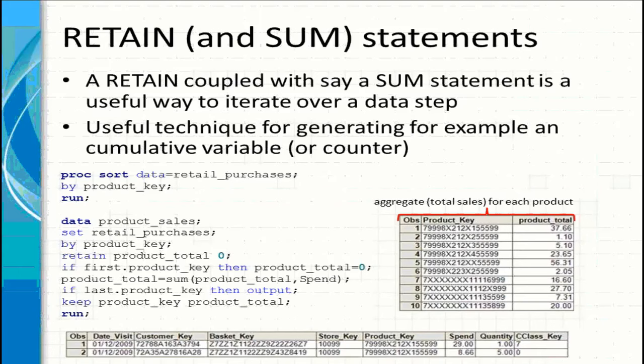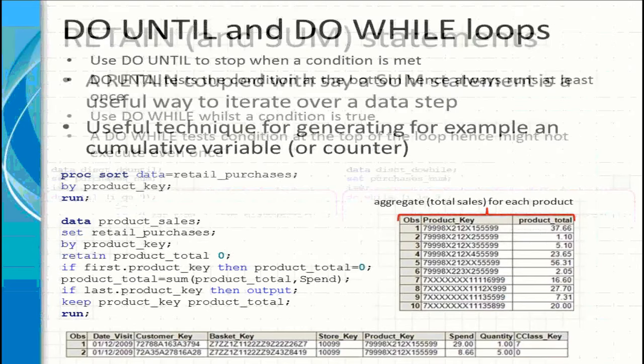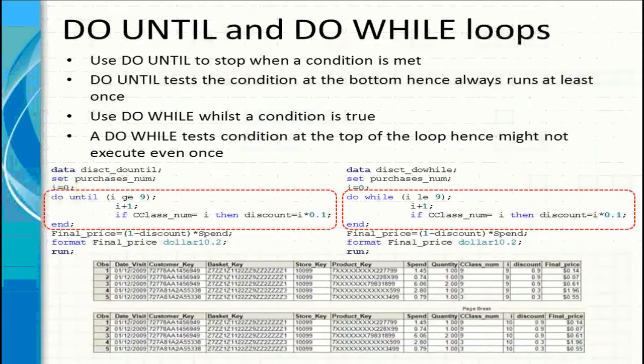In this example, we sort by product key, and then we use by processing by product key, and then the retain to iterate through the data step and calculate this product underscore value. We output it onto the output data set if it's the last time we encounter a given product key. Just an example of this; we'll come to that in the hands-on session.